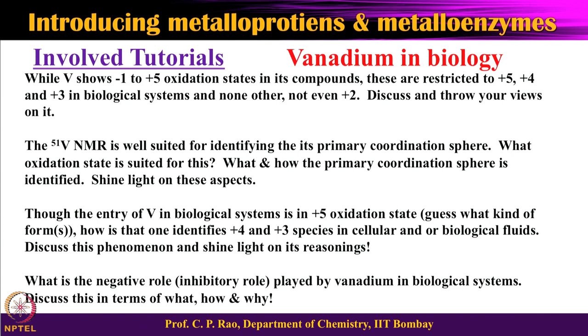Okay. How is the primary coordination sphere identified? Shine light on it. If you go back and look into the story that I have explained on vanadium in biology, in one plot you will see the x axis is the vanadium chemical shift, having 0 on one side, minus on the other side plus, and the y axis has sigma chi by n.